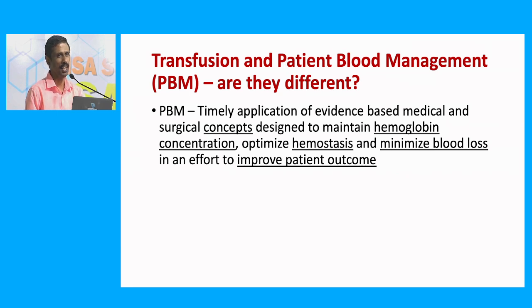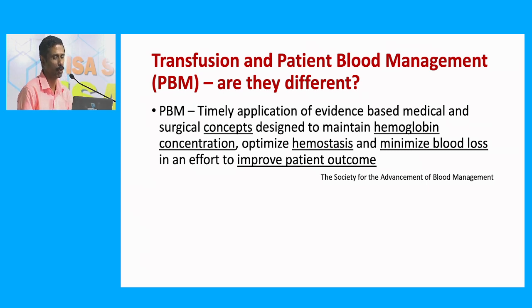If you see the definition given by the Society for the Advancement of Blood Management, it's a grouping of concepts which aims to maintain the hemoglobin concentration, make sure that the patient doesn't have coagulopathy, so there is optimal hemostasis, and attempts to minimize the blood loss.